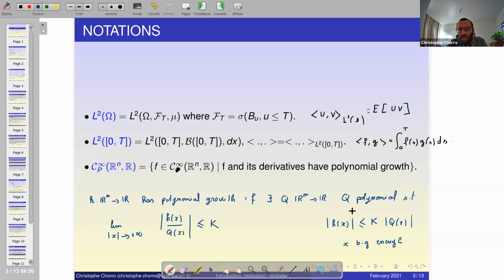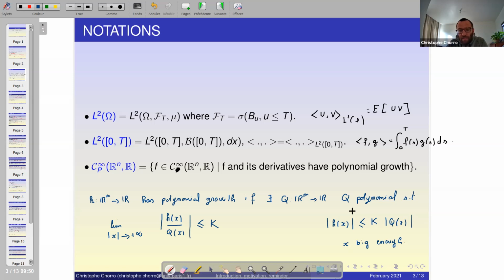With this formula we obtained an isometry, and this isometry allows us to extend the stochastic integral to all the stochastic processes that are progressively measurable and square integrable.